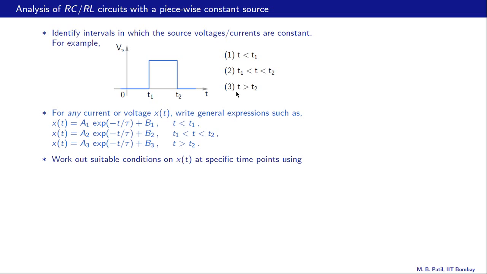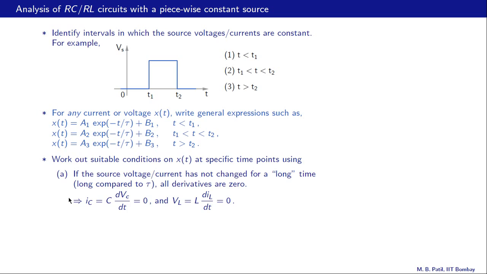In order to find these conditions, we can use the following considerations. A, if the source voltage or current has not changed for a long time, long compared to the circuit time constant tau, then we know that all derivatives must be 0, because all voltages and currents must have become constant. The circuit must be in a steady state. For example, take this piece.